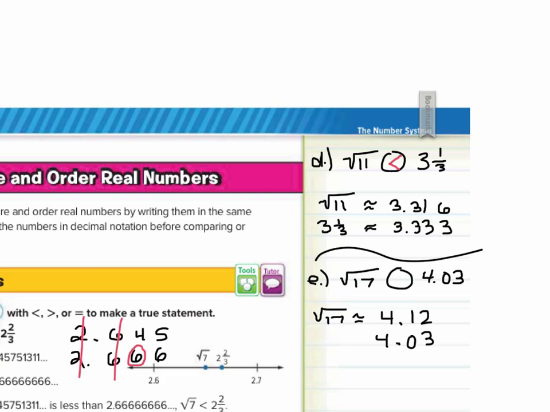And so, as we look, same in the ones place, in the tenths place, the 1 is bigger than the 0, and so the square root of 17 is greater than 4 and 3/100. The other way, of course, since we're correct in the ones place, 12/100 is bigger than 3/100. And so the square root of 17 is larger than 4 and 3/100. Let's move on to F.